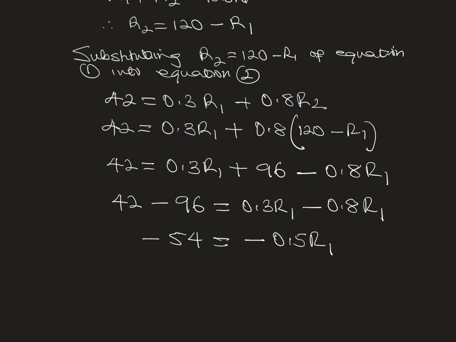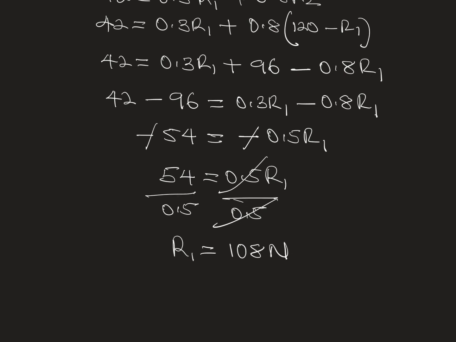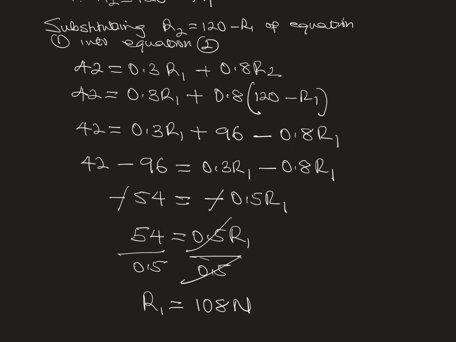Because we have negative on both sides, negative will cancel. Then 54 is equal to 0.5 R1. To find R1, we divide both sides by 0.5. So 0.5 cancels 0.5, and we'll have R1 is equal to 54 divided by 0.5. That is 108 newtons.